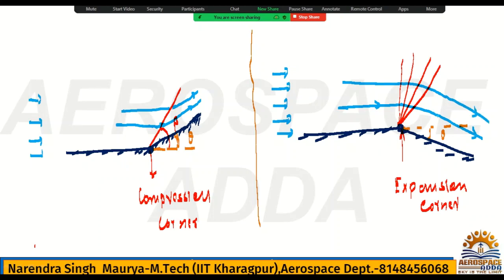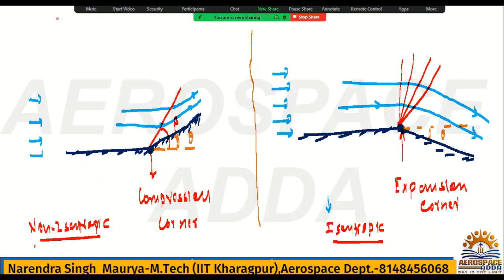Okay. So for this expansion corner, this will be isentropic. And once I explain the expansion fan, at that time I will tell you all the properties of the expansion fan. But here we have isentropic, and this is non-isentropic. Okay, this is for 1 mark. Always remember. This is called a compression wave.